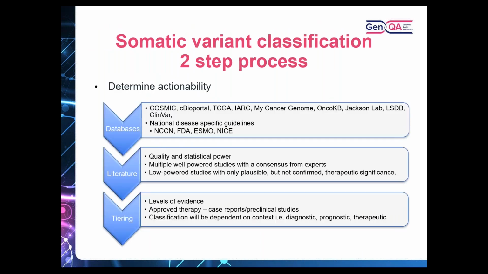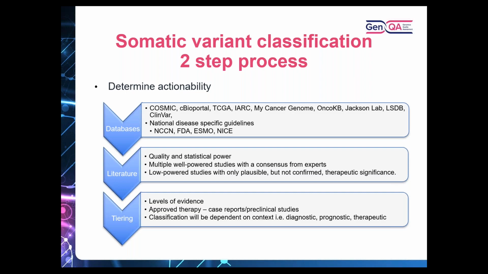So the second step, once you've assessed pathogenicity, is to use databases and look at literature. It's important to determine the quality and statistical power of any literature that you review and assess the evidence as a whole.